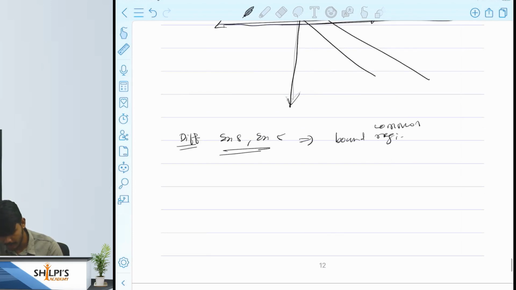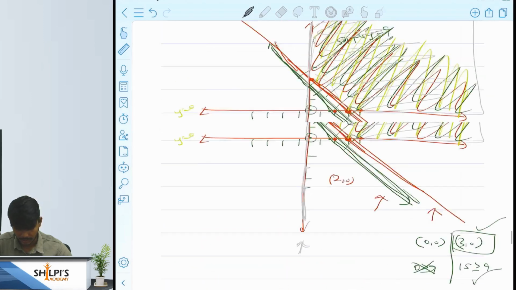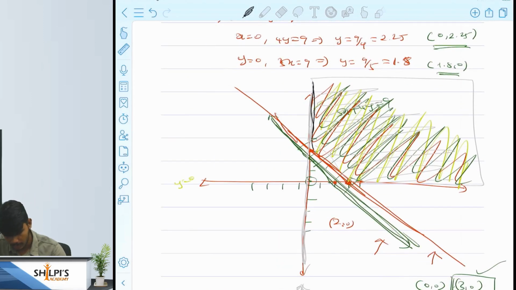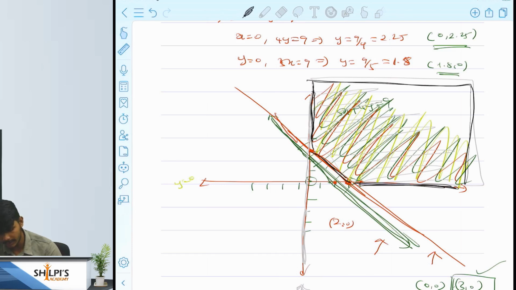We have a common region for all 4 of those, but only an unbounded common region. There is no bound on the upper side. If you kindly look into it now, in the below part, y is restricting that common region. In the left side part, x is restricting the common region. Here this line is restricting the common region, but on the above side no lines are restricting the common region. So we will call this region an unbounded common region.